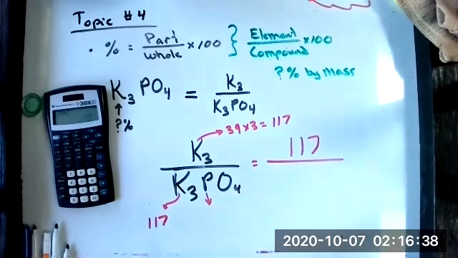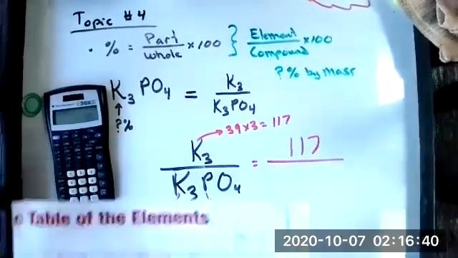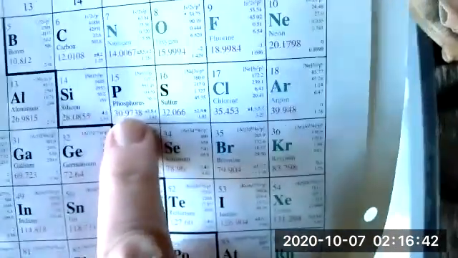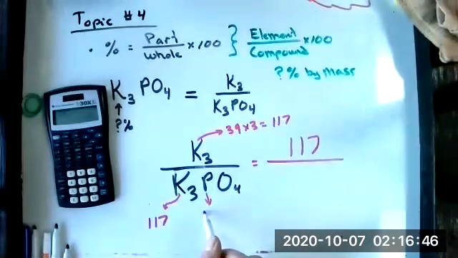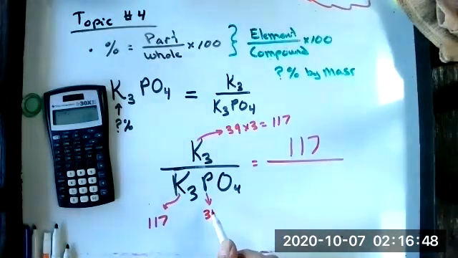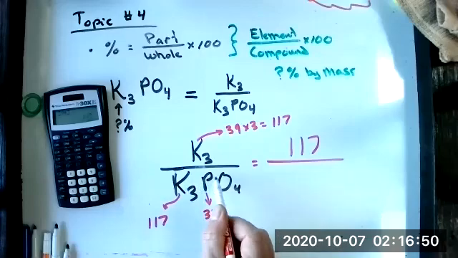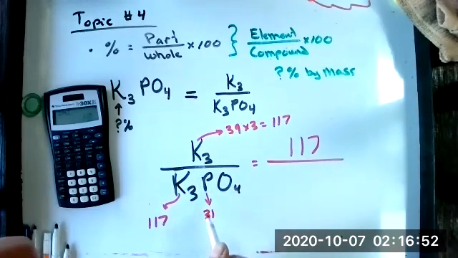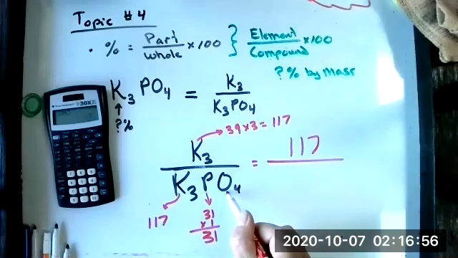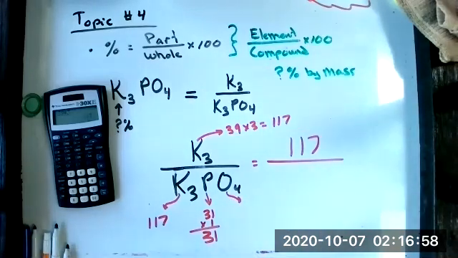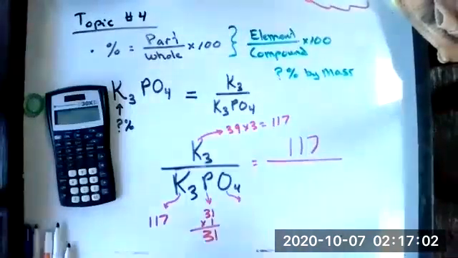Phosphorus. Okay, again, the first thing I'm going to do is find P on the table. I'm going to round off that red number. I'm going to go back and look. How many P's are really here? There's only 1. Oxygen. First thing I do, table, red number, round.